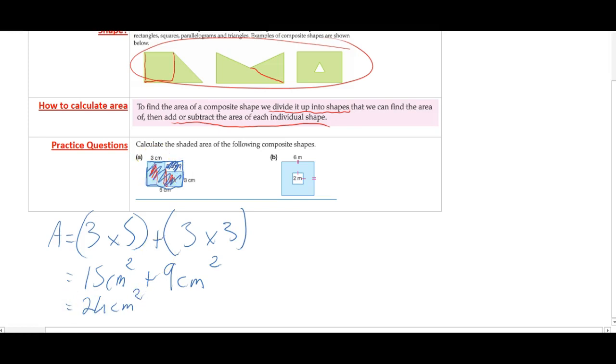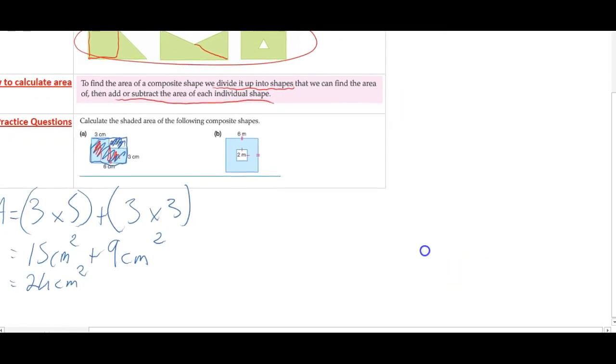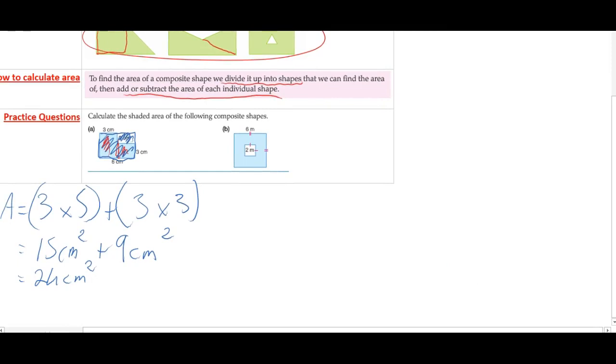So it's just combining the different shapes that we know and then working out another way that we can do that here. So using B, in this one we're going to most likely be subtracting a part of the area. So I could work out the area for this whole square quite simply. Because it's a square, it's going to be that times 4, or squared, sorry. So that will give me the area in here, and then I need to subtract the small white space in the middle, and I can work that out as well.